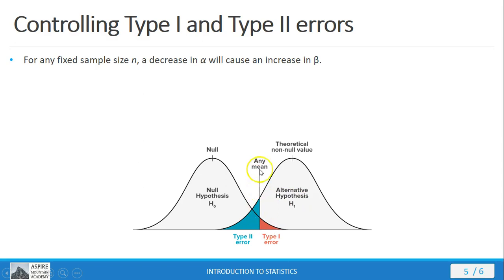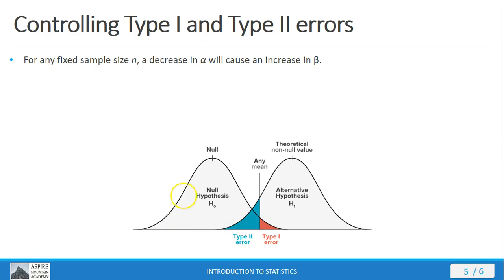If you take a mean value that we're going to compare with our claim, that's going to represent a certain spot inside each of these distributions, and it's going to create tails in each of those distributions. This is where the type 1 and the type 2 error come from: the tails created by the value that we select for our claimed value.